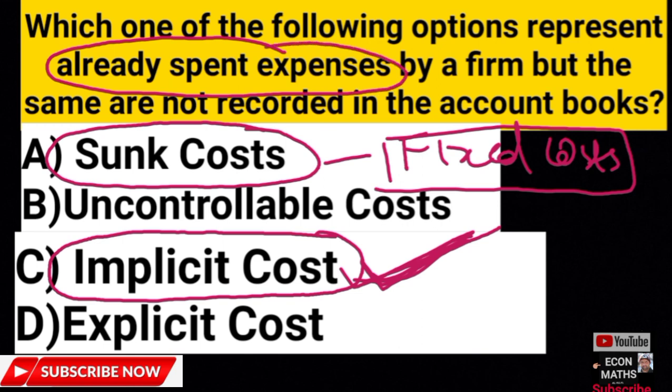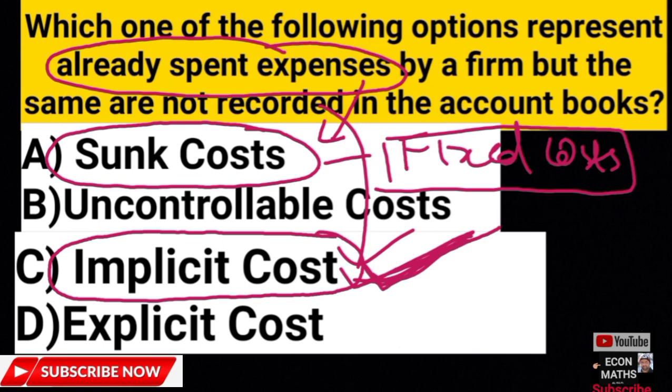By already spent expenses, it looks like a sunk cost, but the question says that they are not recorded in the account books. Which costs are not recorded in the accounting books? These are the implicit costs.